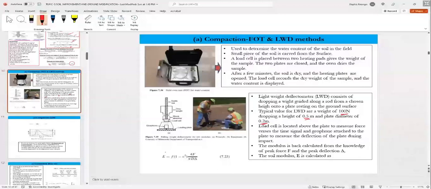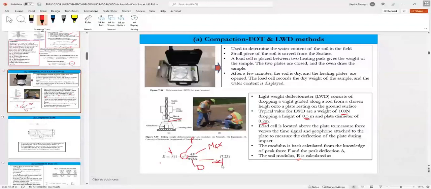As you drop this, it will measure the load on the plate and the deflection of the plate, and you are able to back calculate the Young modulus of the soil. The Young modulus is given by a function of F, 1 minus V squared. V is the Poisson's ratio, F is the maximum force on the plate, D is the diameter of the plate, and delta is the deflection of the plate.